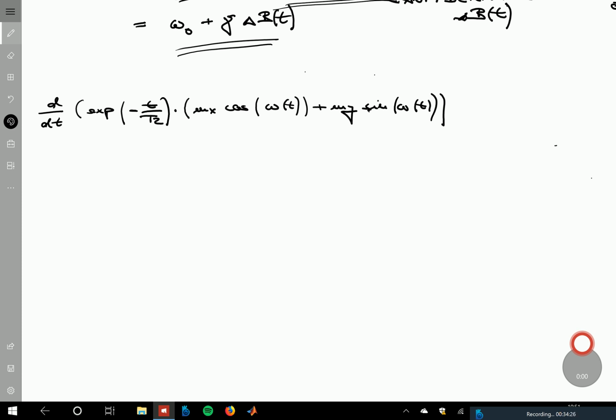So there's a product of two functions of t. What calculus rule do we need if there's a product? The product rule, exactly.